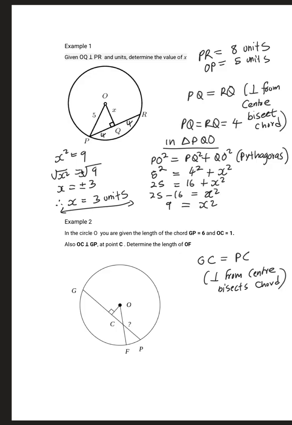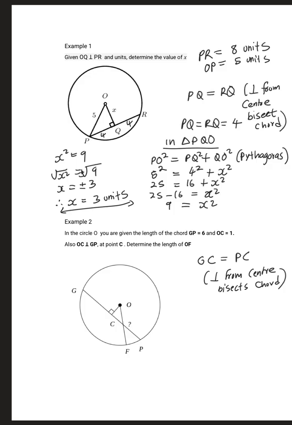Because we can see that the line from the center, which is line OC, is perpendicular to chord GP, it means it divides chord GP into 2 equal parts at point C. So it's very important to note that. So it means we have that situation.